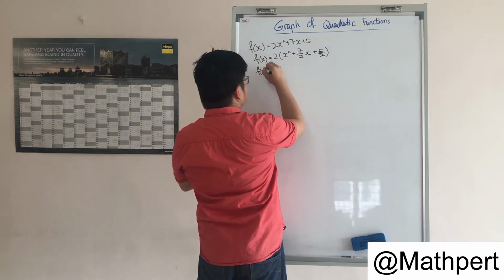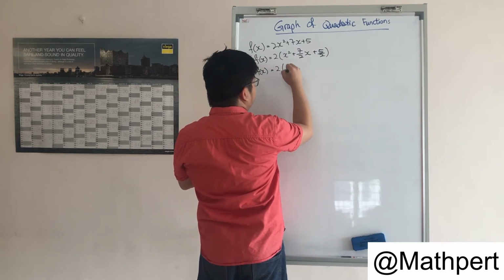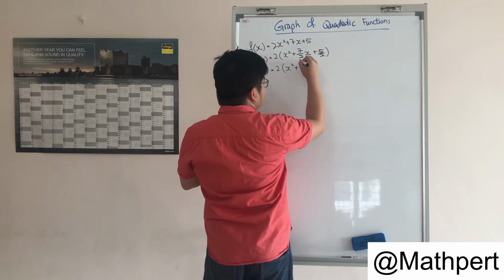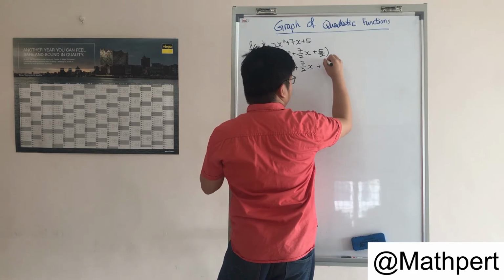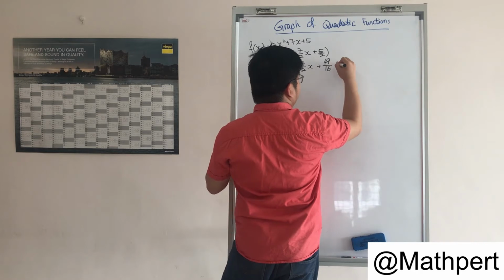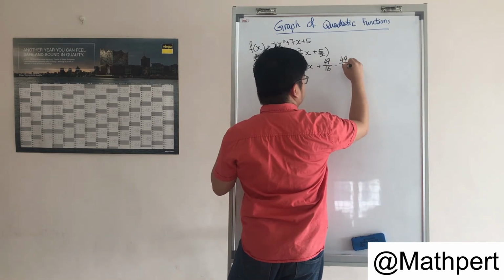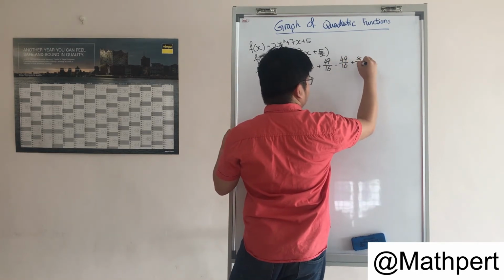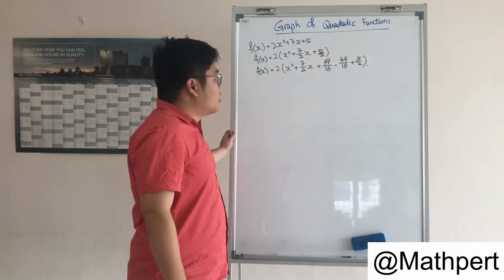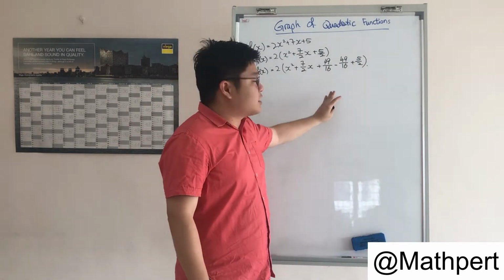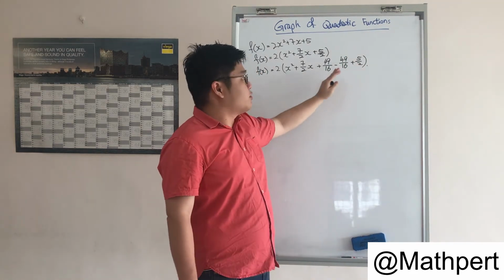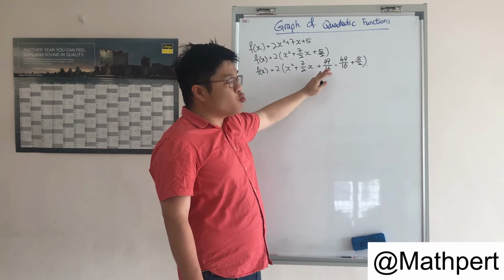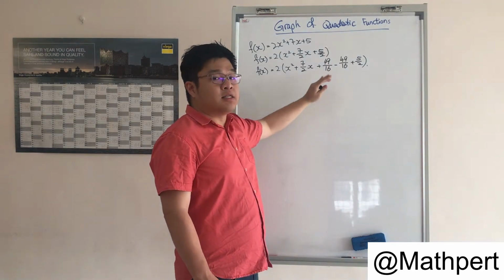f(x) is equal to 2 multiply x squared plus 7 over 2 x plus 49 over 16 minus 49 over 16 plus 5 over 2. So we plus 49 over 16 and minus 49 over 16, which is the same, so plus and minus cancel out. How do we get 49 over 16?